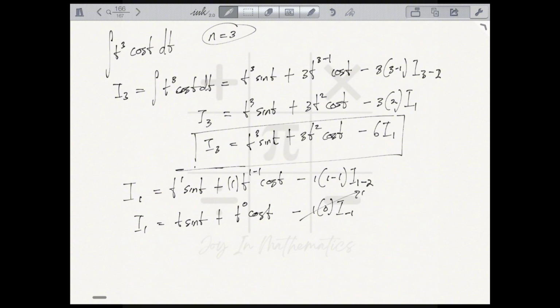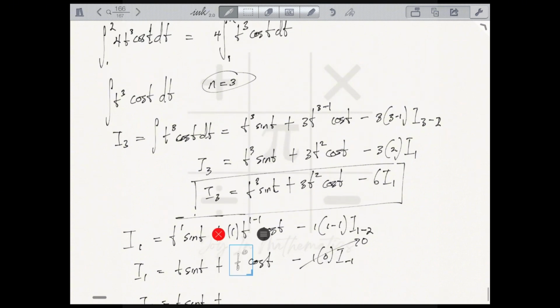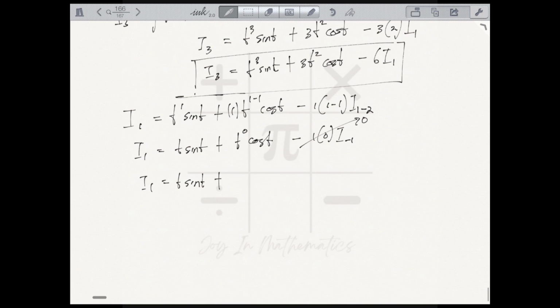So this will tend to 0, and since t^0 is 1, we have I_1 equal to t sin t plus cos t. Now we have an expression for I_1.